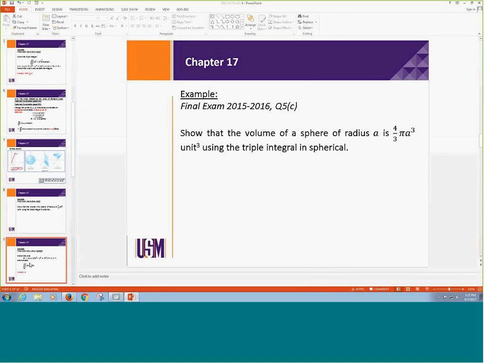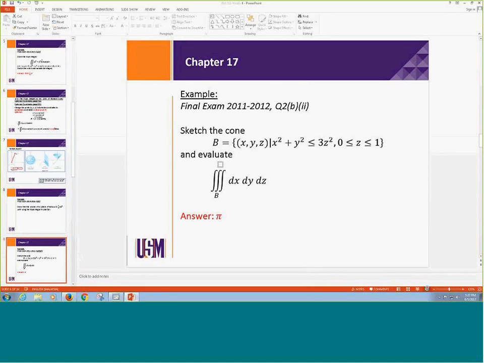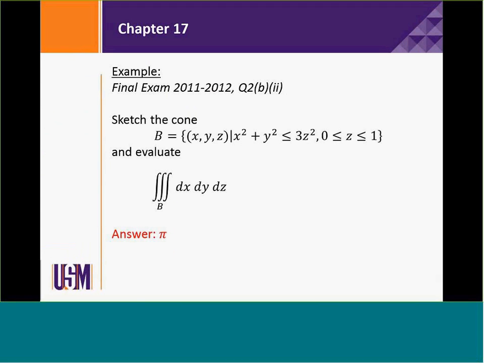Okay, this is the final exam question 2011 to 2012. Question 2B, number 2, sketch the cone. Now you need to sketch the cone, and this cone is x squared plus y squared less than or equal to 3z squared. This is a circular cone.